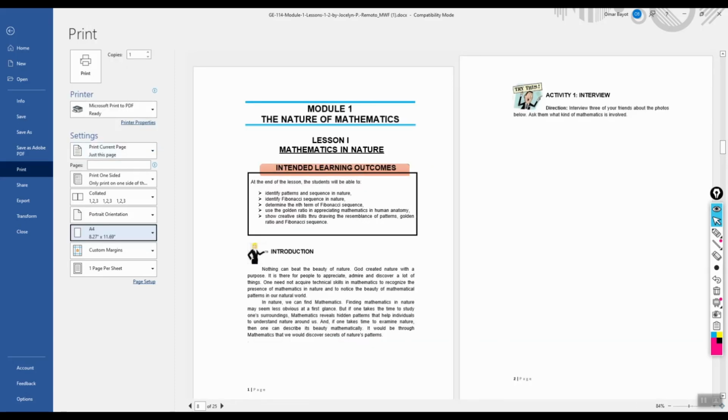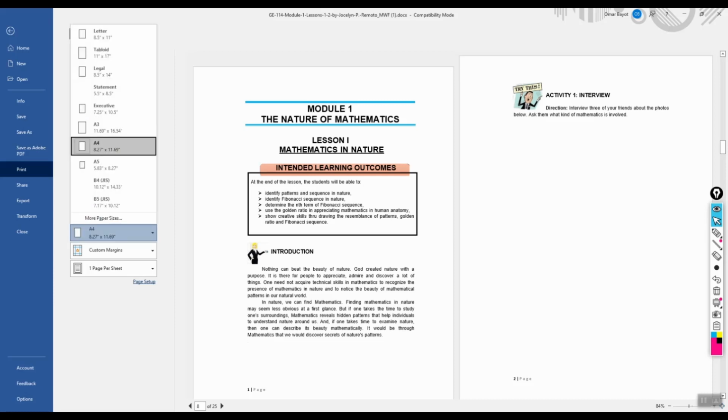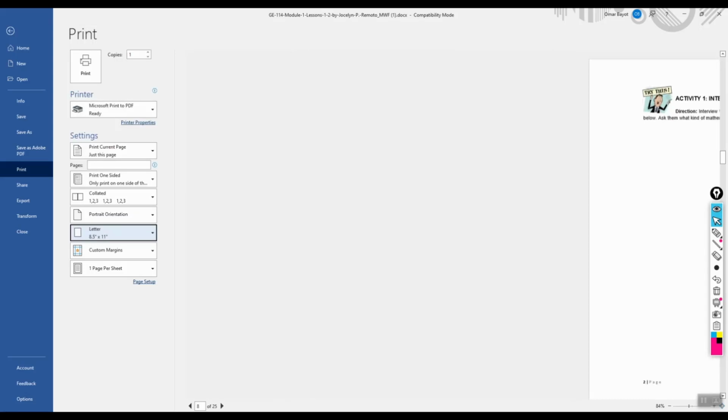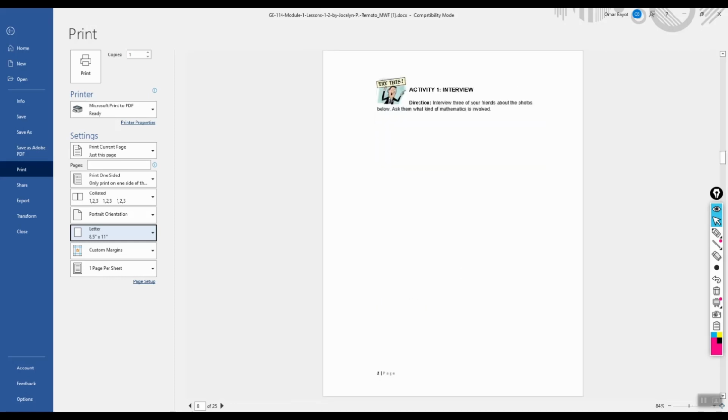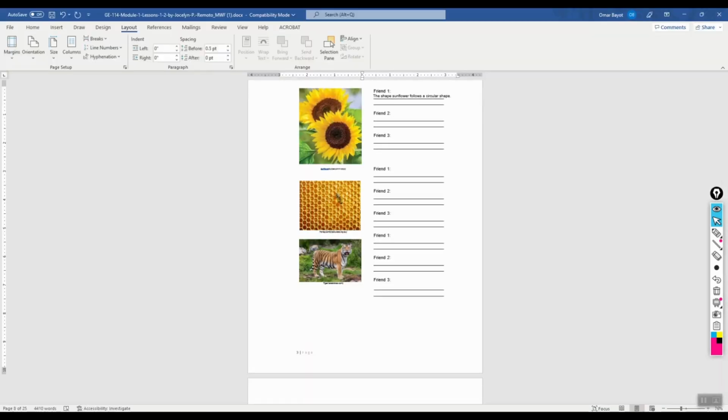You will notice that destroys the order of the pages here. So instead of A4, we have to get it back to letter, because it will put that in the proper location.